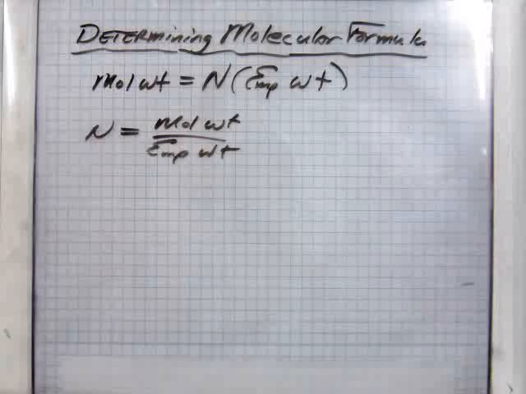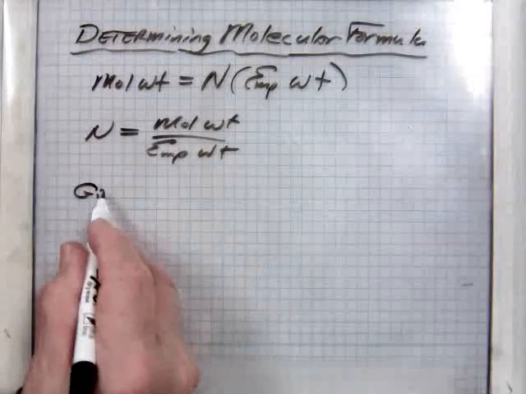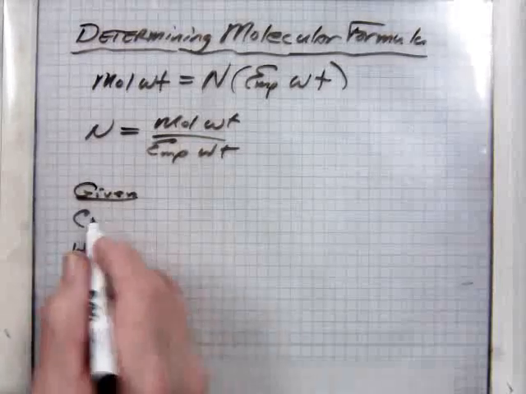Here's one. Oxalic acid is a non-toxic substance used by laundries to remove rust stains. The composition is given as follows, and it's carbon, hydrogen, and oxygen.